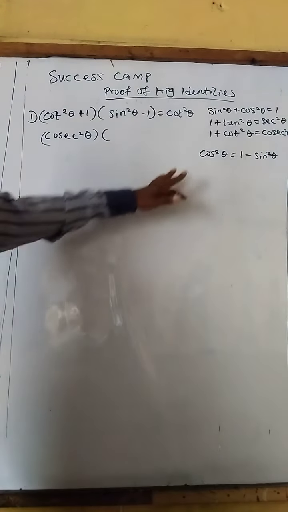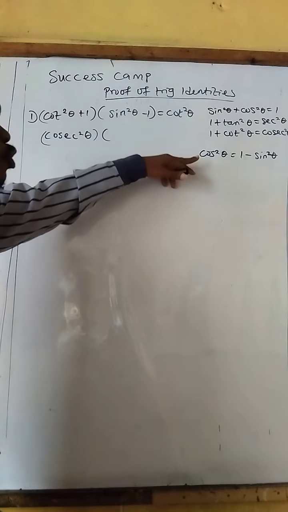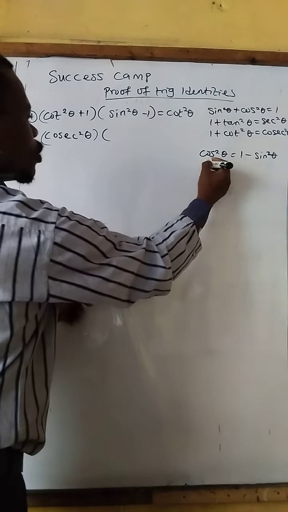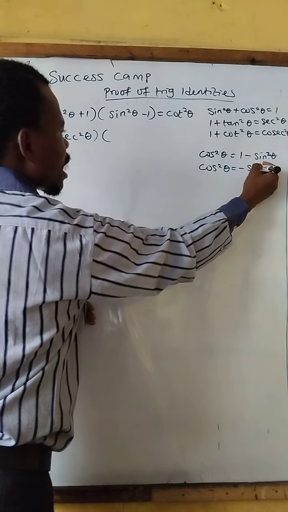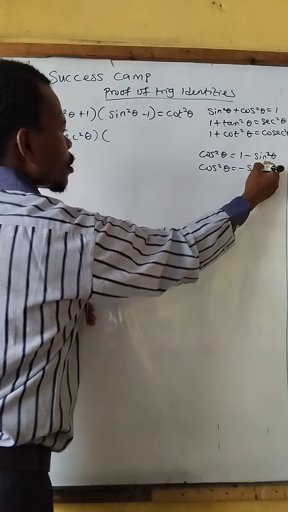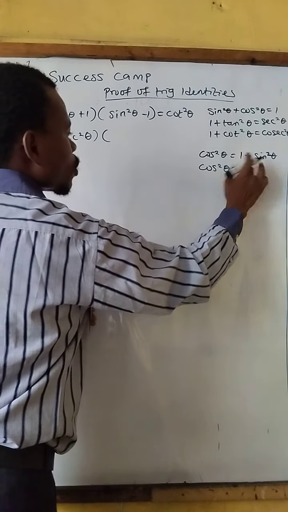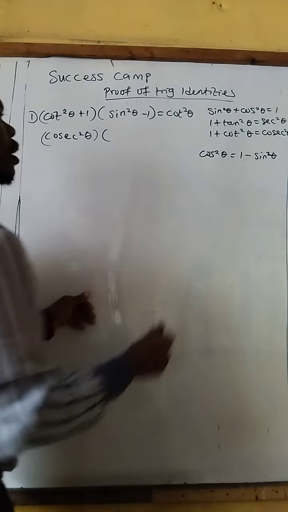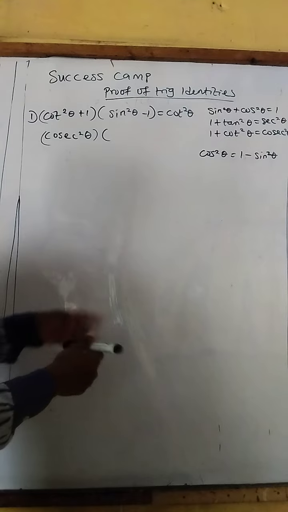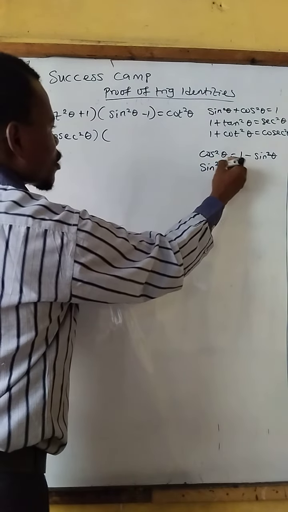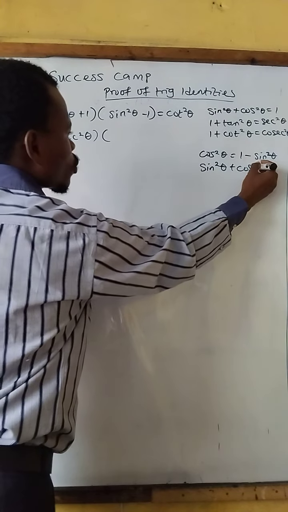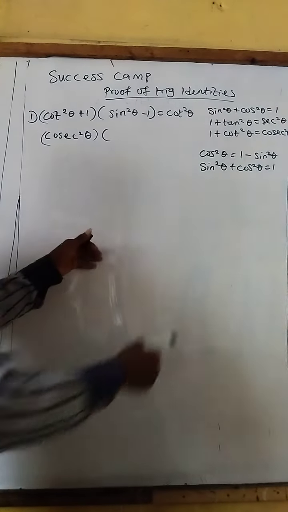Abi? But we have not gotten what we need. We need to get sin squared theta minus 1, abi? So if you change it the other way, it will be what? Okay, no, let me do it this way. Let me write the formula: sin squared theta plus cos squared theta equals 1, like that.